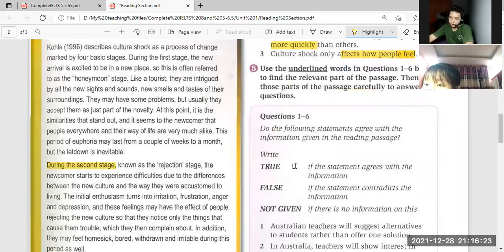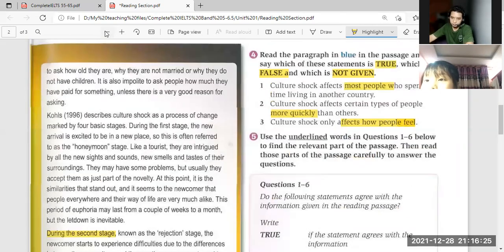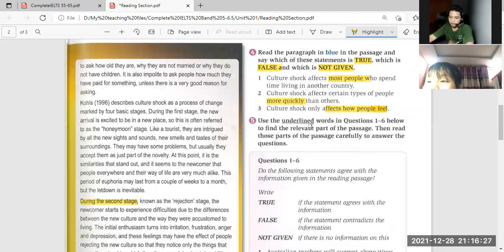Now, let's look at number 5. Use the underlined words in questions 1 to 6 below to find the relevant parts of the passage.